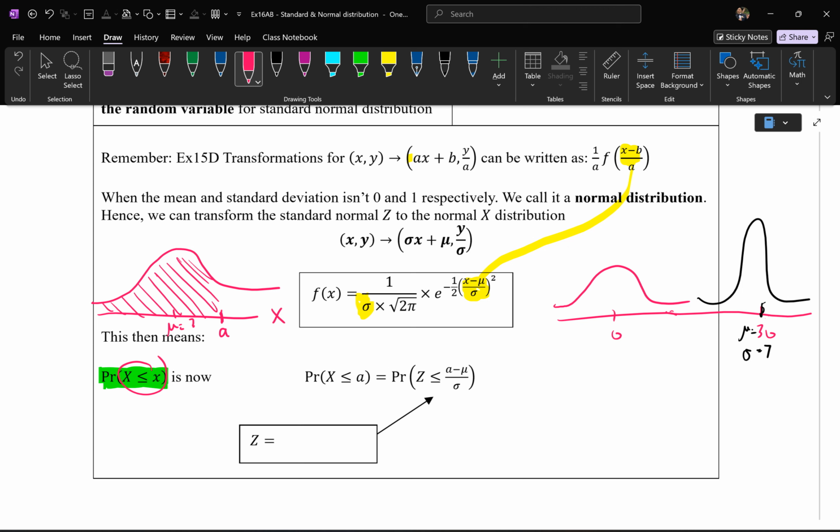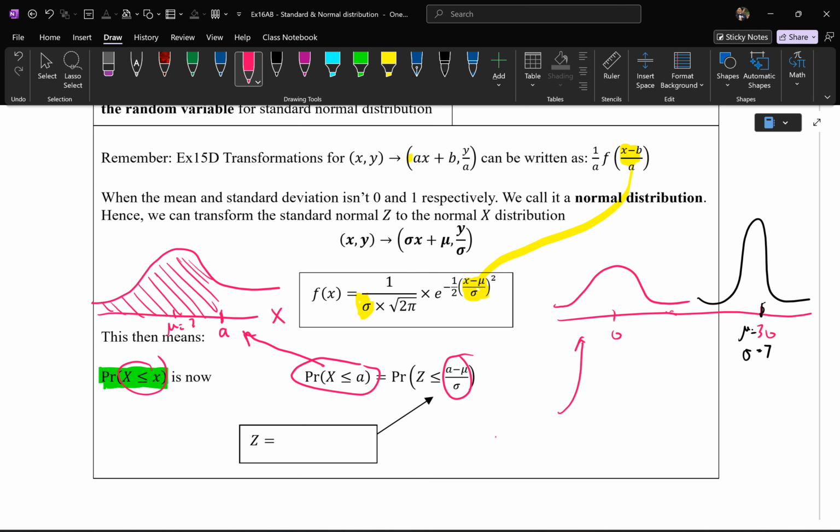Yeah? So I'm saying the area for the real-life data, that probability, is equivalent to if I was able to transform this graph back to the z value, or z distribution, or the standard normal distribution. Because the thing that we know is this is your normal distribution. This is the transformation, because that essentially describes the change, right?